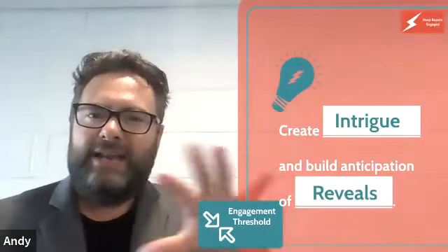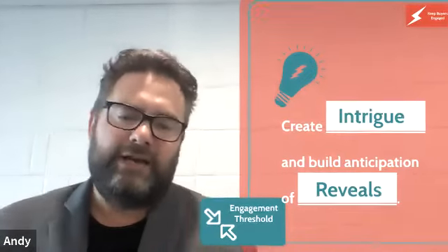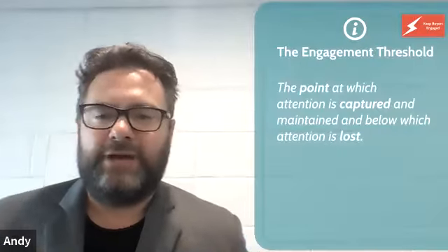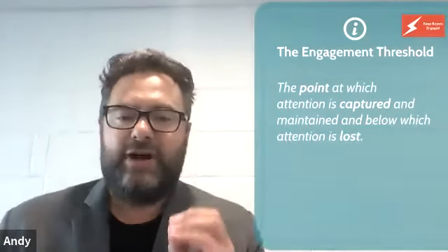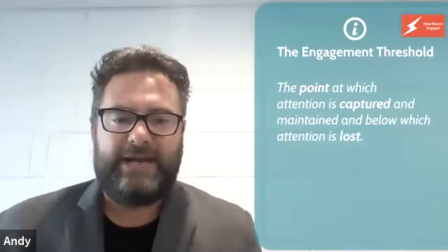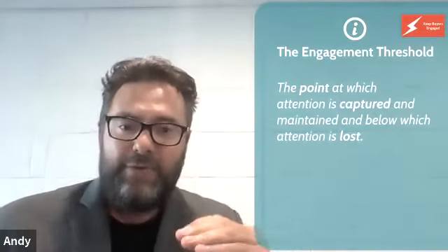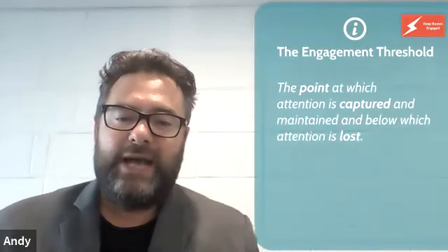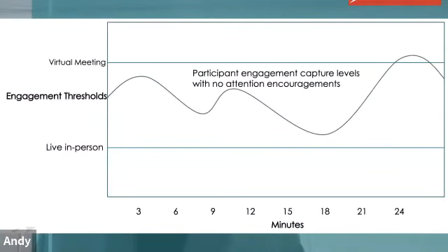We term that level of engagement, and how we measure it, the engagement threshold. Now, the engagement threshold is the point at which the attention of a buyer during your virtual selling meeting is captured and maintained. And below that engagement threshold is where we found attention is lost. So let me just bring this up on screen.